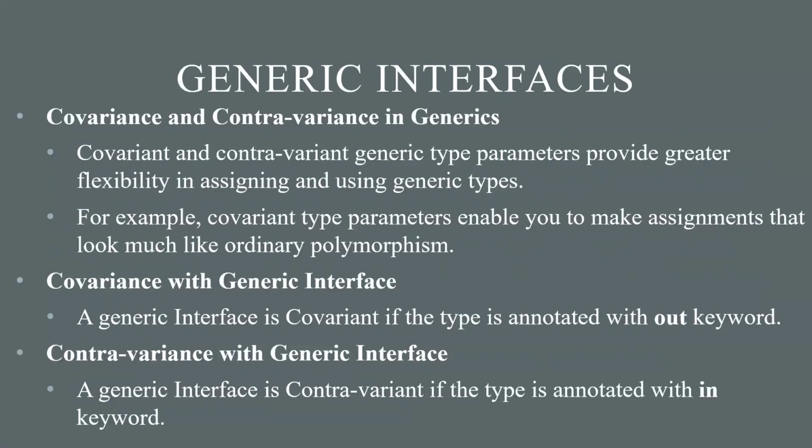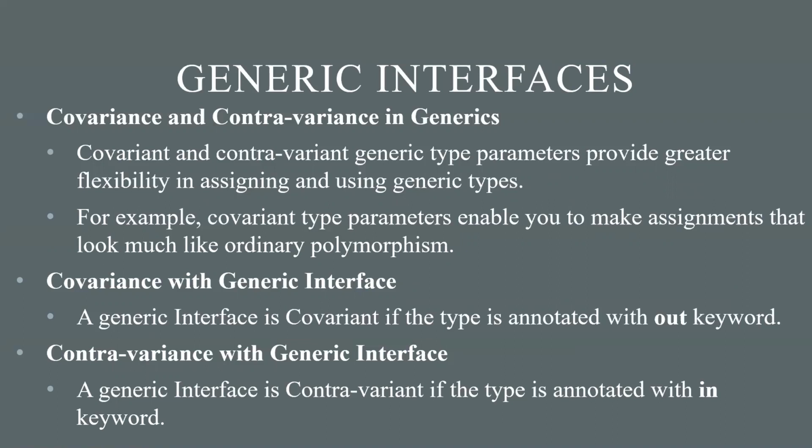For generic interfaces, we have two types which we can use, which are covariance and contravariance. So covariant and contravariant generic type parameters basically provide greater flexibility in assigning and using the generic types. For example, covariant type parameters enable you to make assignments that look much like ordinary polymorphism.